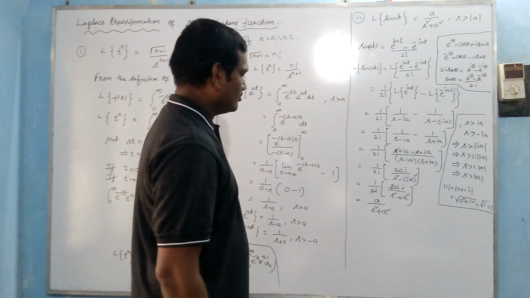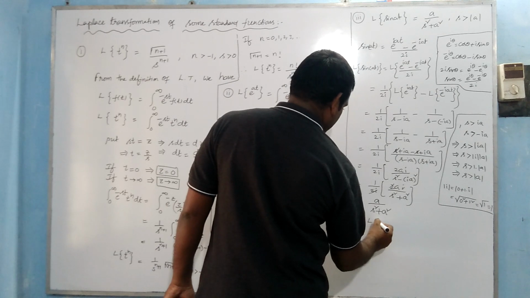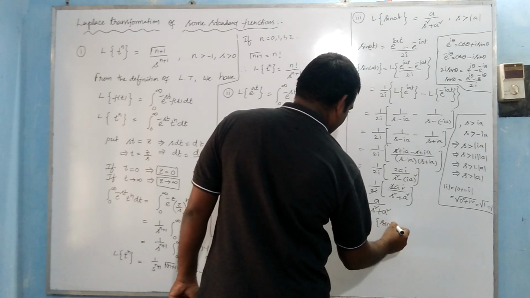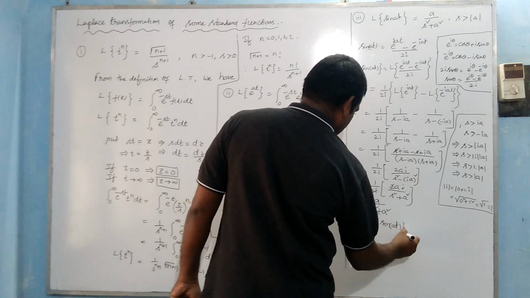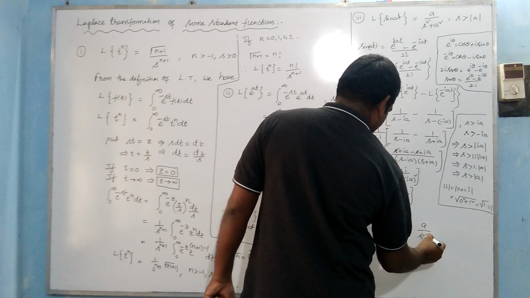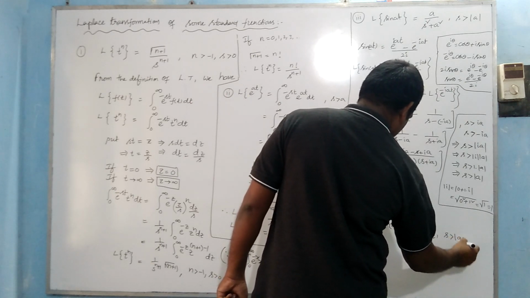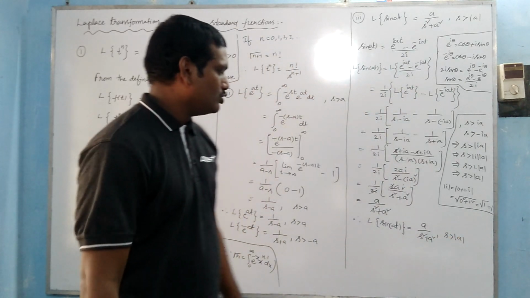Okay. So therefore Laplace of sin at is equal to a by s square plus a square, where s is greater than modulus of a, the absolute value of a.